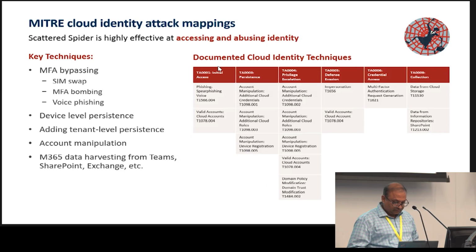If you look at this, it's the same initial access, persistence, privilege escalation, defense evasion, which nobody can detect, credential access, and of course, data collection and exfiltration. So they're touching all different tactics and different techniques. And if one doesn't work, they have another technique working, so they just deploy that.